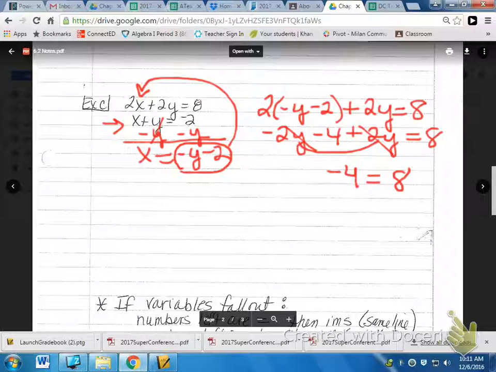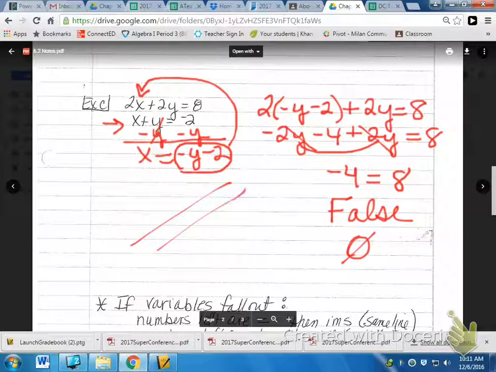Is that true? No. So since it is false, what do you think the answer is, Josh? Empty set. So apparently those two lines are what? Parallel. Yeah, obviously they'd have to be parallel. Okay, so they're never going to intersect, so empty set or no solution.